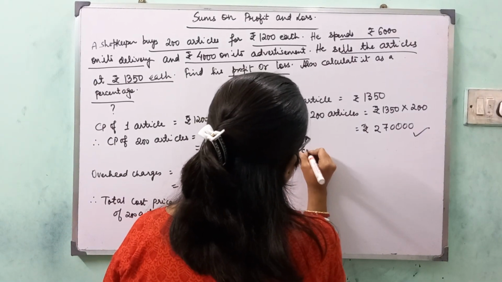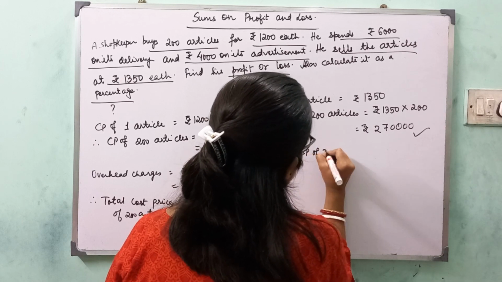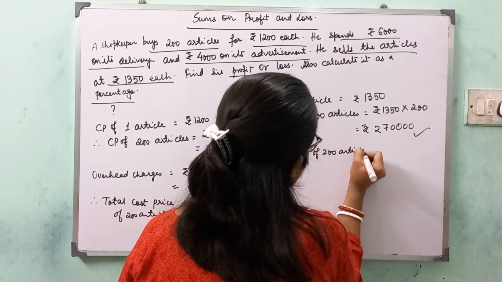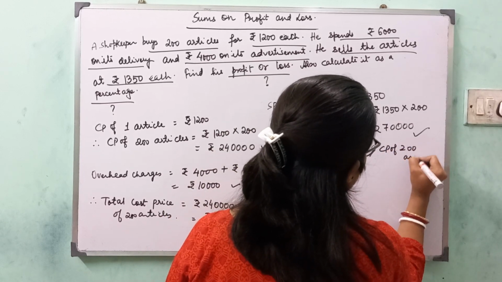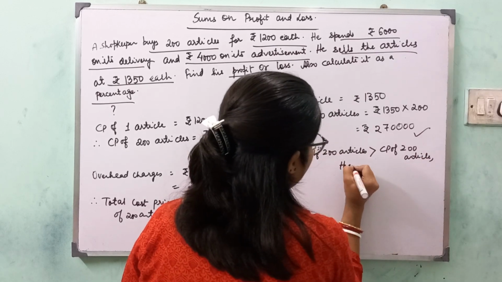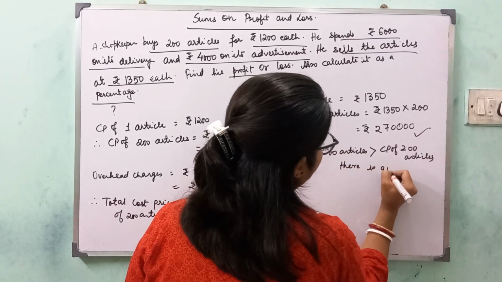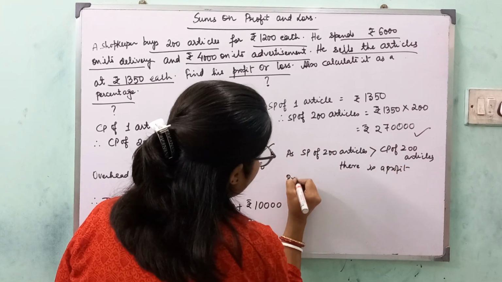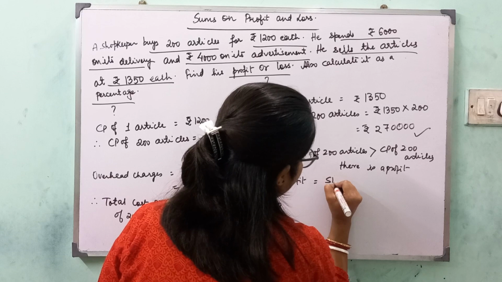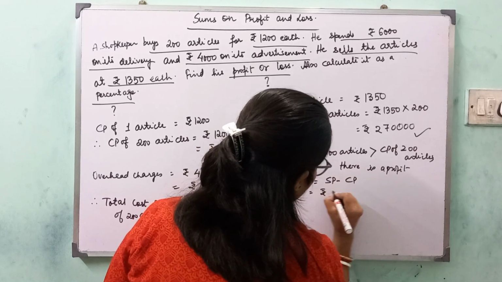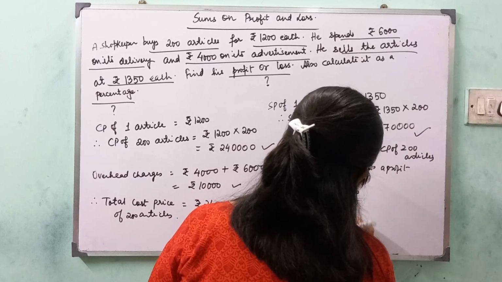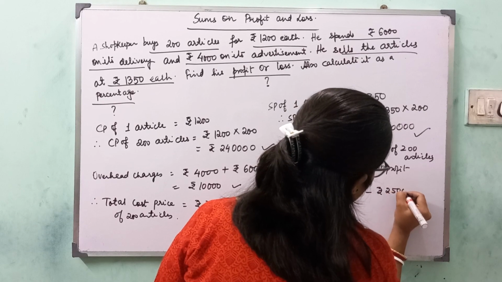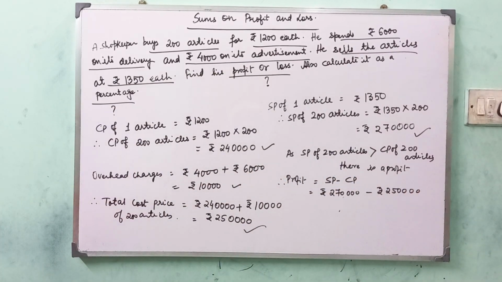As SP of 200 articles is greater than CP of 200 articles, there is a profit, and profit is how much? We know the formula, it is SP minus CP, that is rupees 2,70,000 minus 2,50,000, that is your 20,000 is the profit.